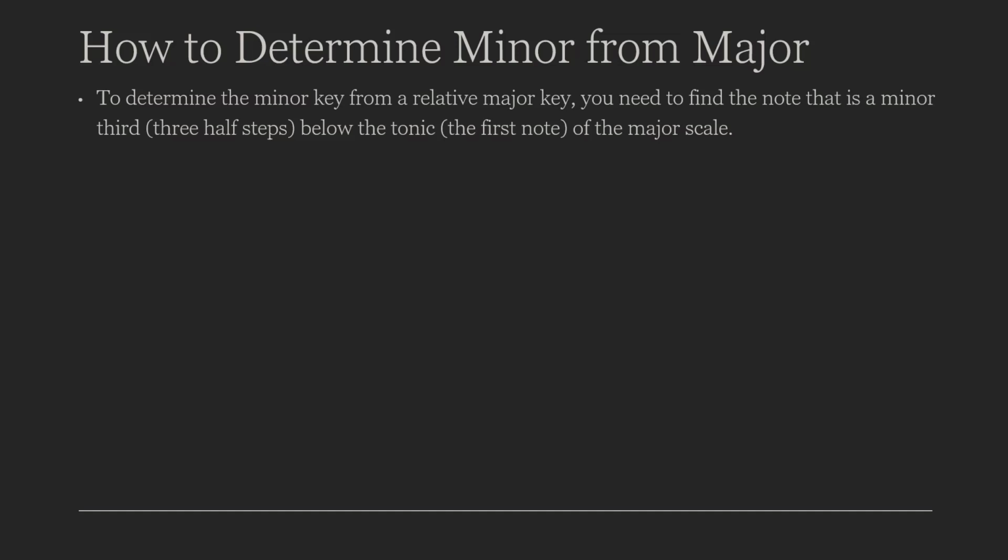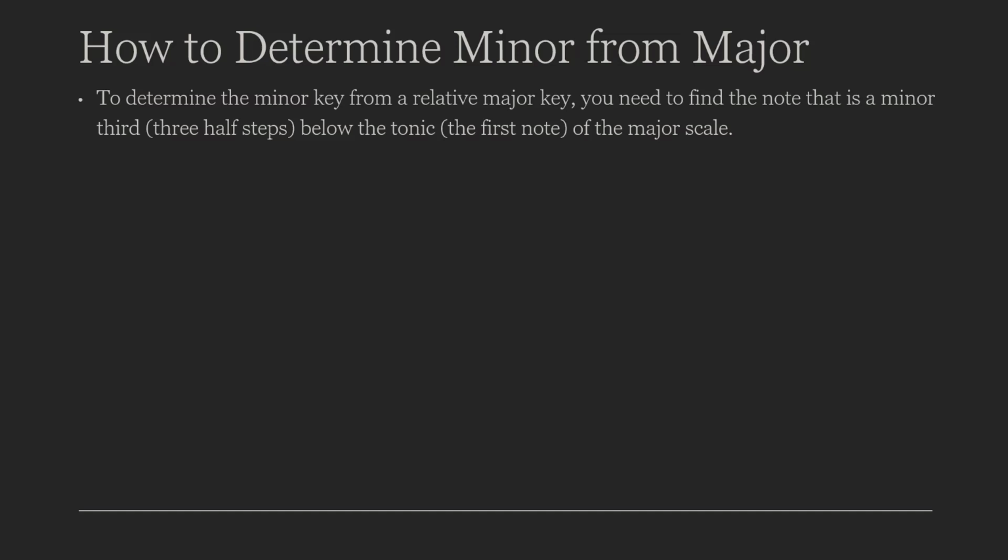Is anyone answering the question now? It's A. Okay, Sister, do you agree with that? Yeah. So A minor will now be the relative minor of what key? Of C major, isn't it?